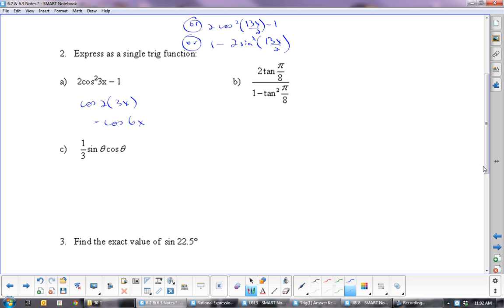Okay, how about b? So this looks like tan 2x, right? So 2, and x is pi over 8. So that would be tan pi over 4.